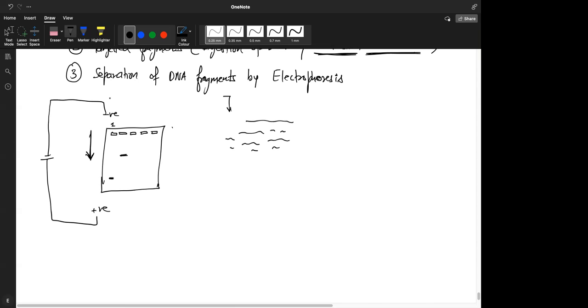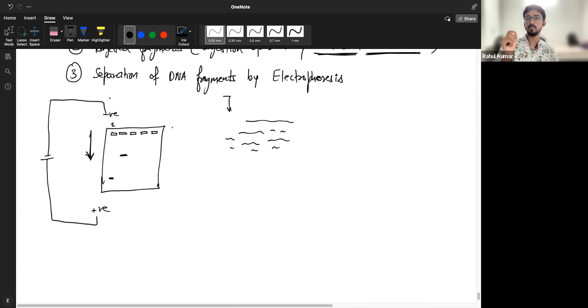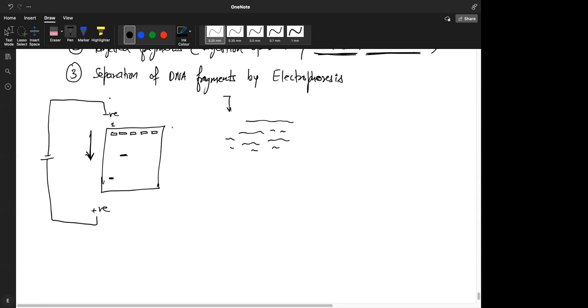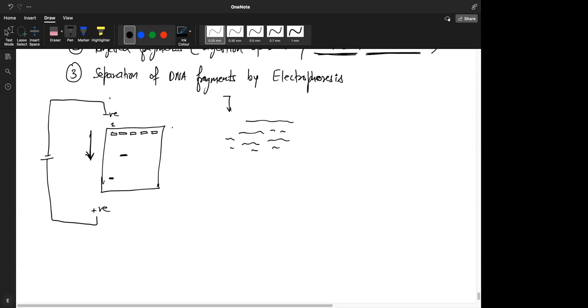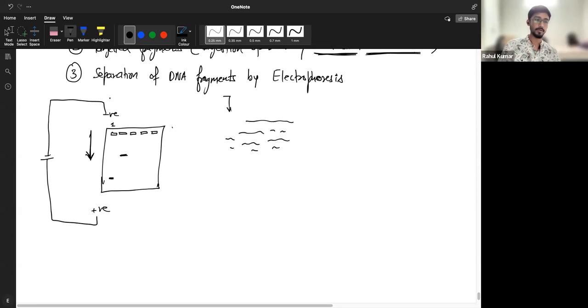Smaller the DNA, even if there is 1 phosphate group, it is 1 base pair long DNA, it will be attracted toward the positive terminal, and it will move faster because it can move through the pores without resistance. So basically you are pushing all the DNA through a pore size. Now the smaller one will move faster and the bigger one will move slower because they will be in a traffic jam. Make sense, everyone? Yes, I got it. Very good.